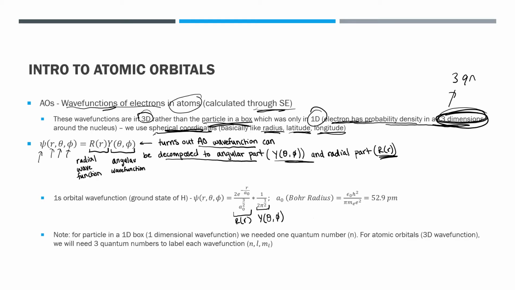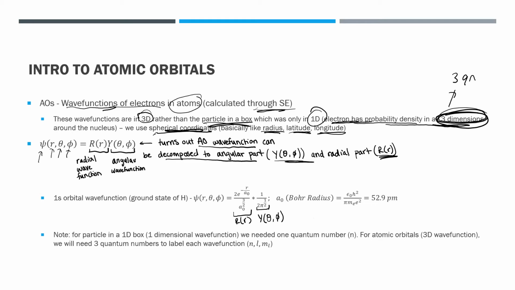So we have a radial wave function, which only depends on our radius, and an angular wave function, which only depends on our angles, and our actual wave function is just the product of these two. So we can decompose our actual wave function into two simpler functions.